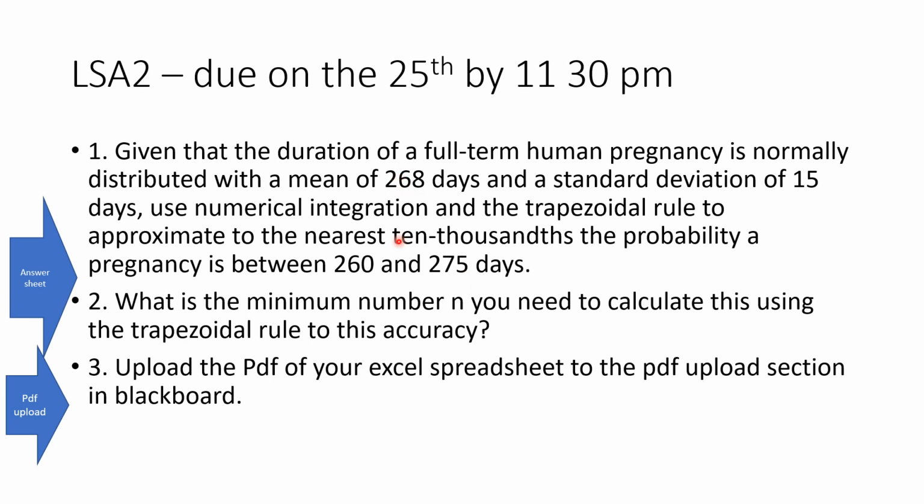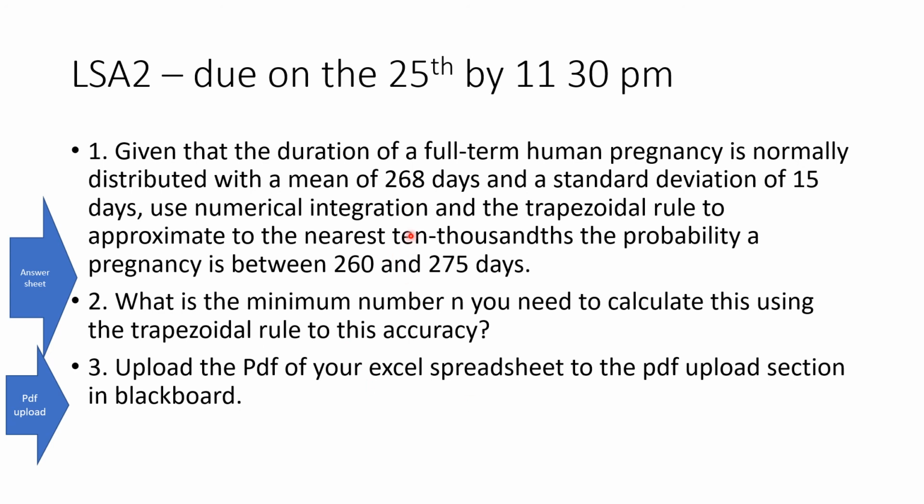So this is number 1. Number 2, what is the minimum number of trapezoids you need to calculate this using the trapezoidal rule for the given accuracy? These are going to be put in the answer sheet as before. We're also going to upload a PDF. We're learning how to do another thing you're going to have to do for the final assessment. So you're going to be uploading a PDF of an Excel spreadsheet.